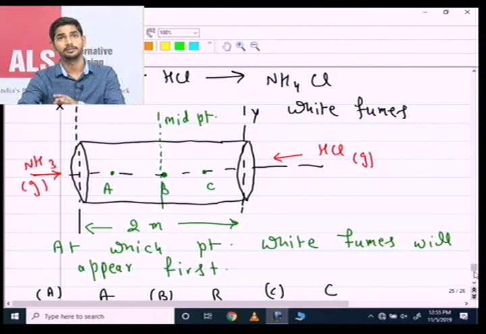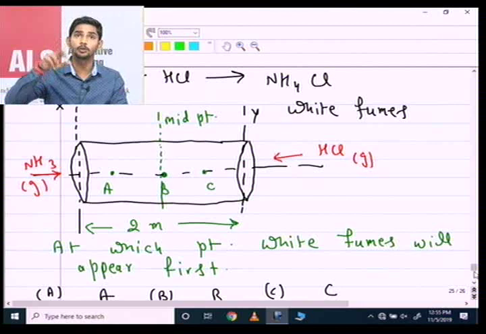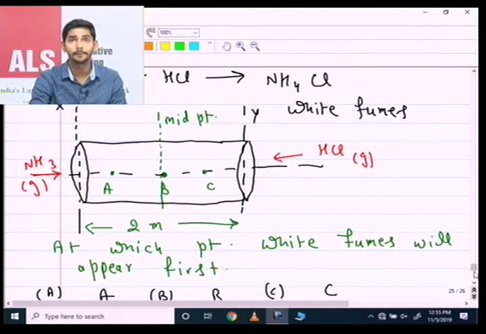Almost twice that of ammonia. So obviously ammonia can travel at a faster rate as compared with HCl. Try to understand this, that ammonia will move at almost twice the rate as compared with HCl.